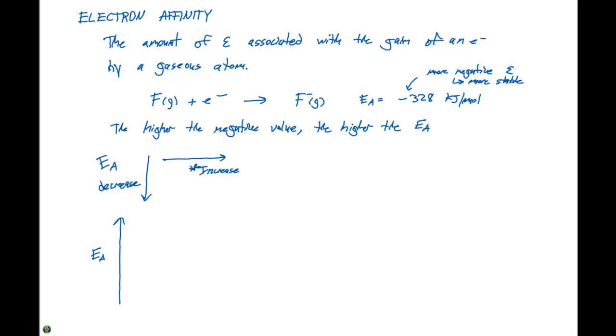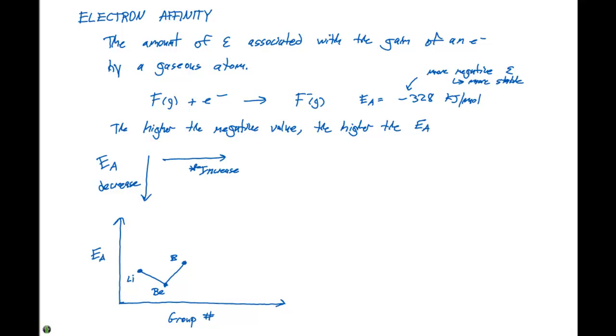So if we look at our electron affinity versus group number, if we give an electron to lithium, it will take one, right? Beryllium doesn't want an electron as much, so it's going to drop off.